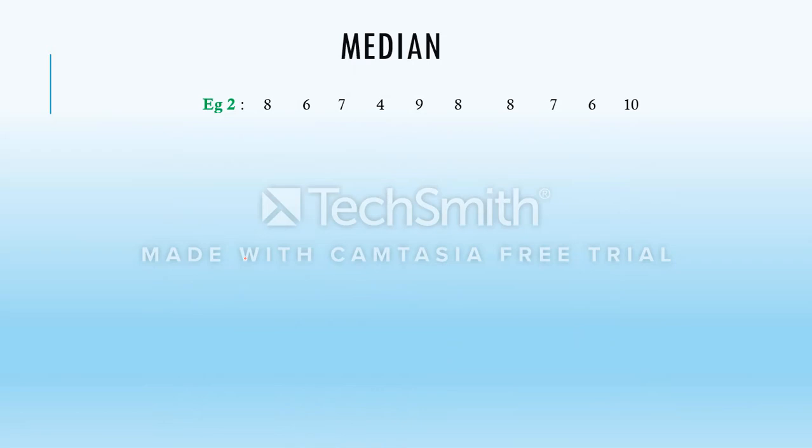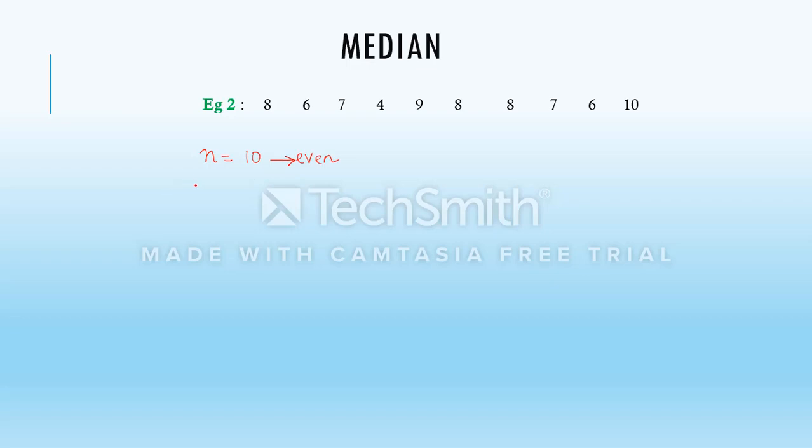Let us now look at another example. The data over here is very similar to the data in the previous example, barring the difference that we have one extra data element. So which means now the value of n changes to 10, which is an even number of values as against the previous example wherein we had an odd number of data elements.